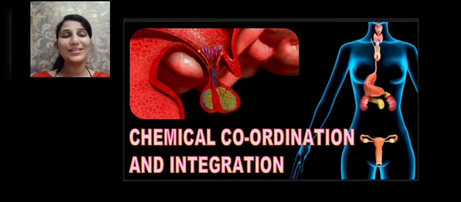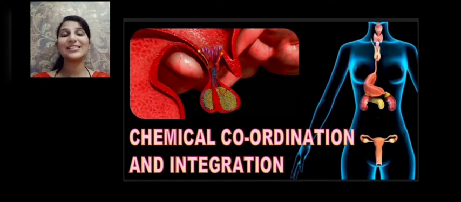The word hormone is derived from a Greek word which means to excite. So hormones bring about a response to certain stimuli, and they are released by certain ductless glands called endocrine glands. All these glands in our body together form the endocrine system.